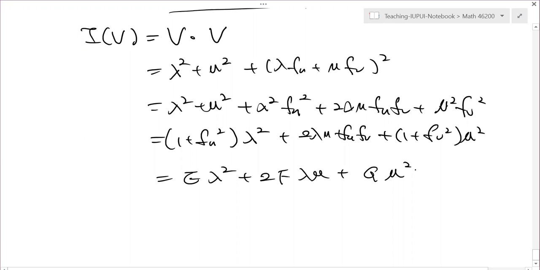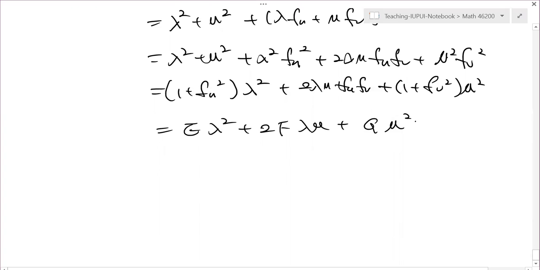And you can use that to compute the length of a curve on the surface of the graph. Once you have the first fundamental form, you don't need to compute it all the time.